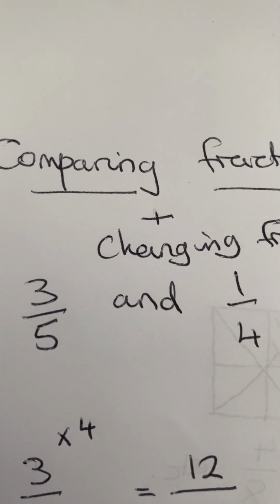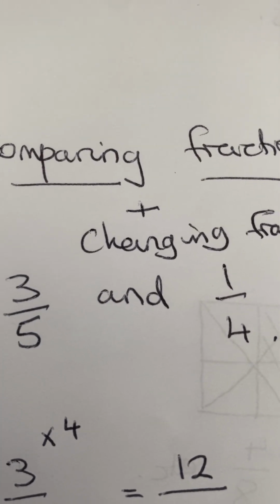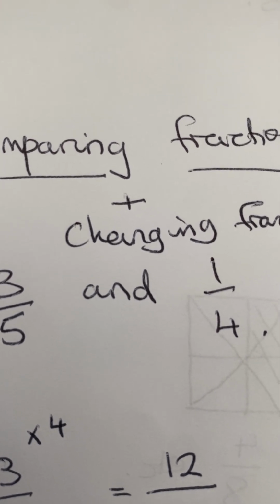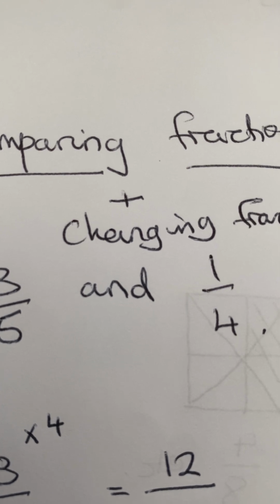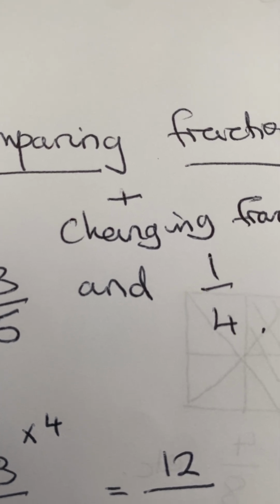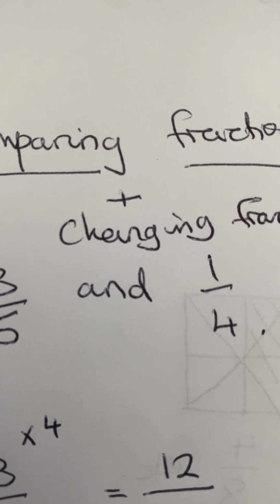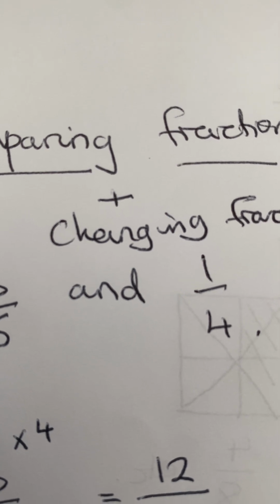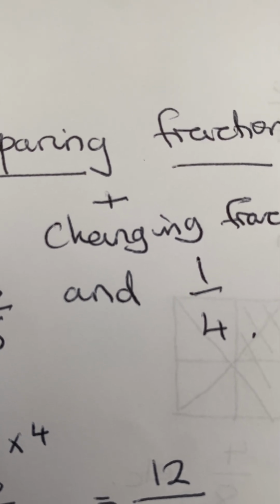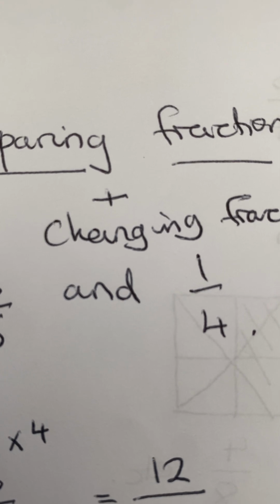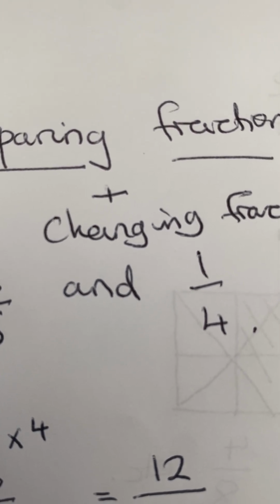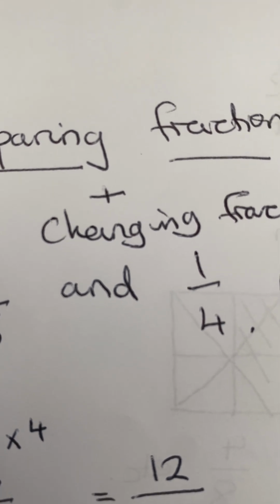It is similar here, because if they give you different fractions like 1 over 3, 1 over 4, 3 over 5, 7 over 8, you wouldn't know which one is the highest or the lowest.